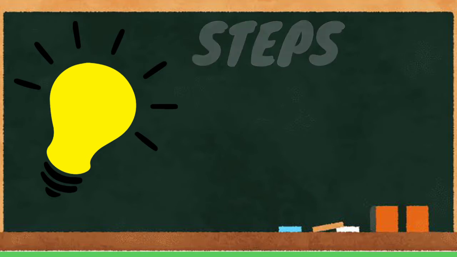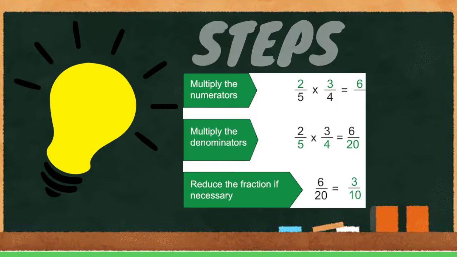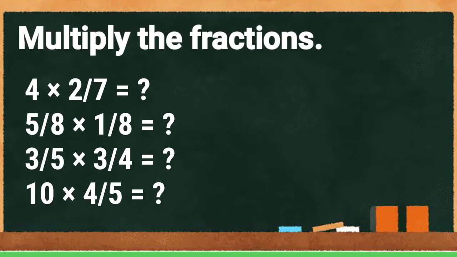Are you now familiar with the different steps in multiplying fractions with fractions or whole number? So if your answer is yes, I want you to answer the following multiplication of fractions. While you're answering, I want to play a song about multiplication of fractions. You take your time and I will be back.